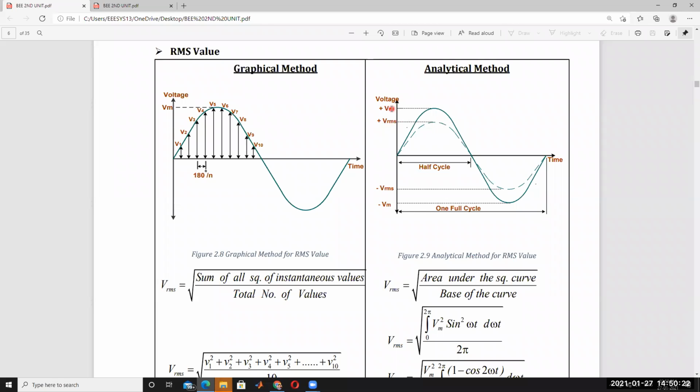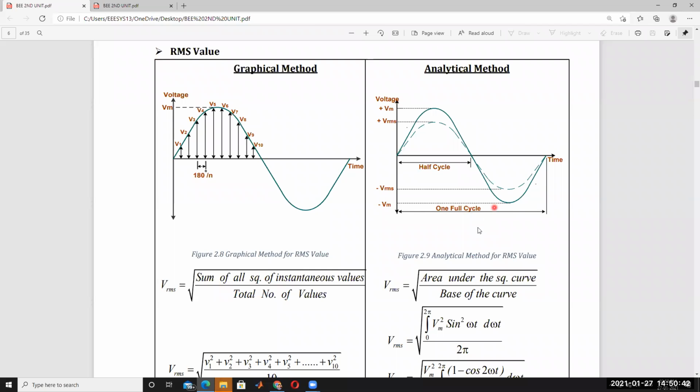This dotted line is called the RMS waveform, and this is called the maximum waveform. Up to here is the half cycle, and this complete cycle is the full cycle.